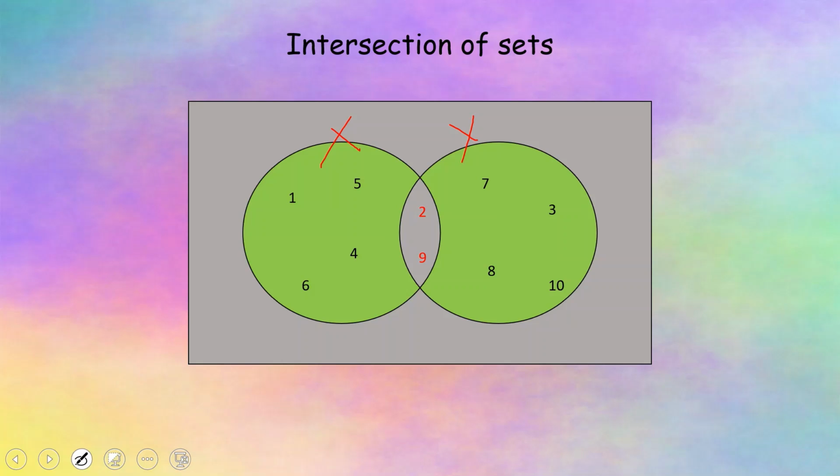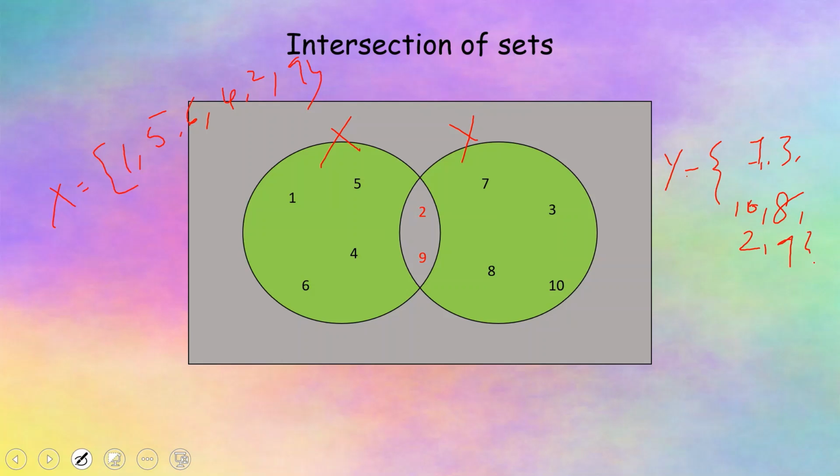Now look in the above figure. You have x and y. X is containing elements 1, 5, 6, 4, 2 and 9, and y is containing elements 7, 3, 10, 8, 2 and 9.